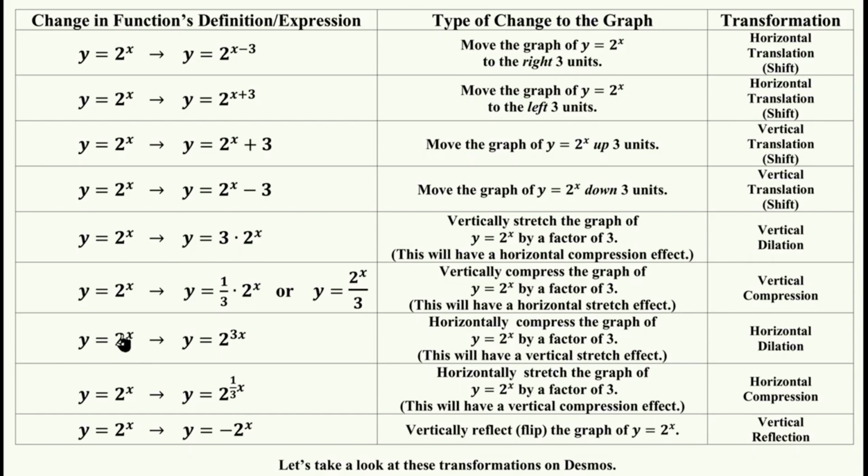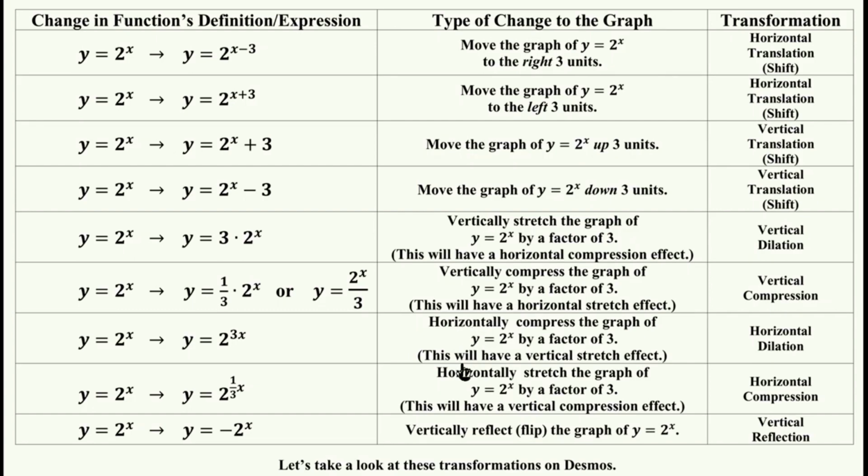Now, if we have that factor multiplied at the x level instead of at the y level, that's going to have a horizontal effect. With these, you have to be a little bit careful, because when the a, or the constant that you're multiplying here, is greater than 1, it actually is going to have a horizontal compression effect, which will appear like a vertical stretch.